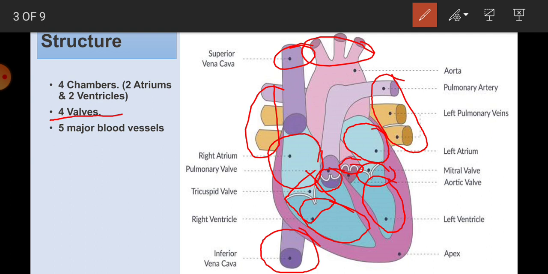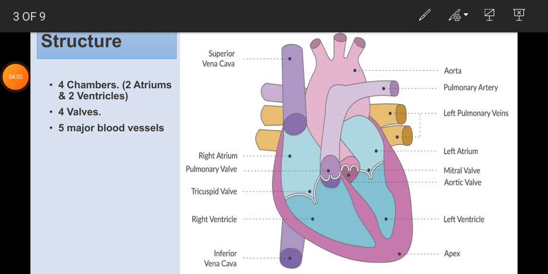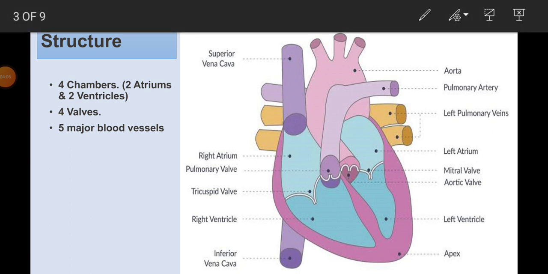The main blood vessels include the superior vena cava, inferior vena cava, aorta, and these are pulmonary veins.